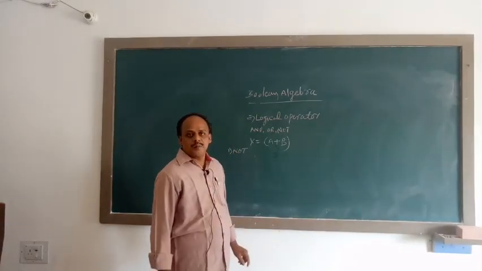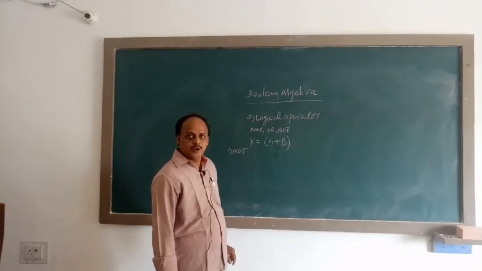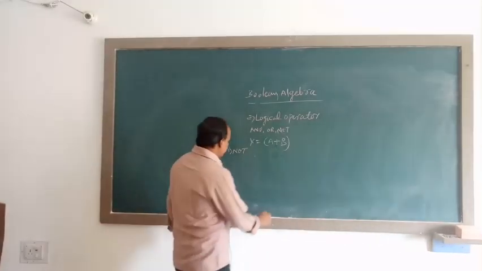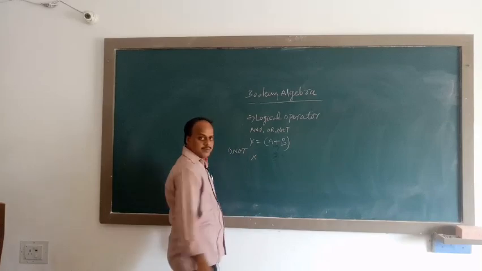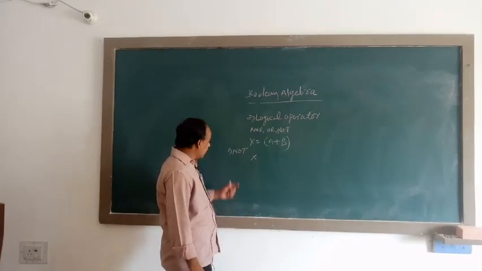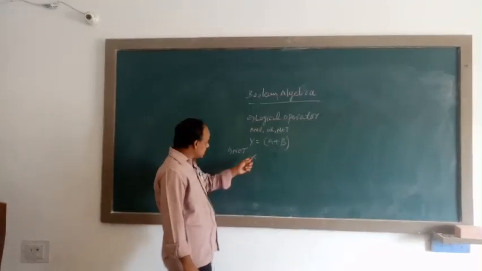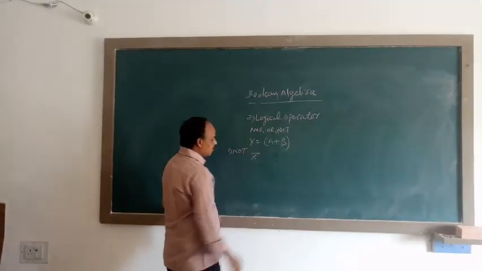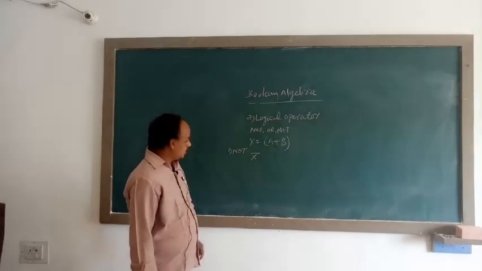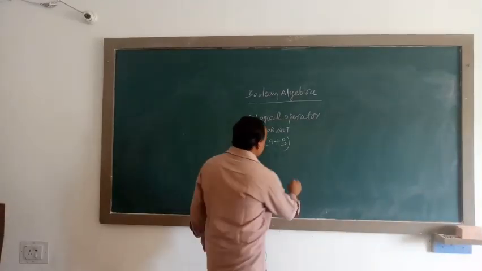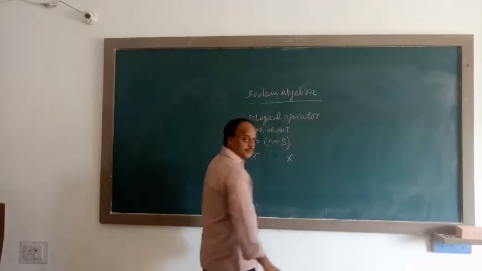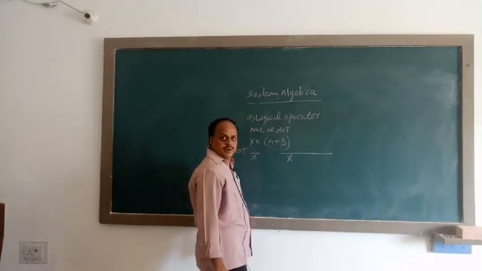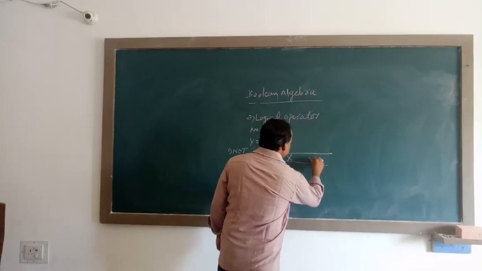This NOT operator is denoted using a bar over the variable. For example, if x is a variable and we are going to perform a NOT operation on this x variable, it will be indicated by a bar over it. So it becomes x bar.